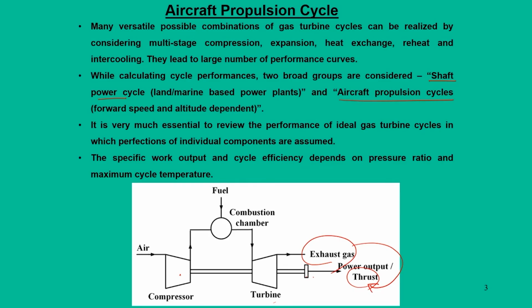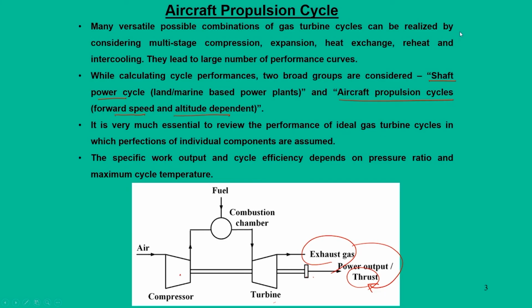For aircraft propulsion cycles, we expect that they should give thrust and forward speed, and they are altitude dependent, because propulsion cycles are also altitude dependent. So some modification needs to be done to these conventional gas turbine cycles to be used as propulsion devices.